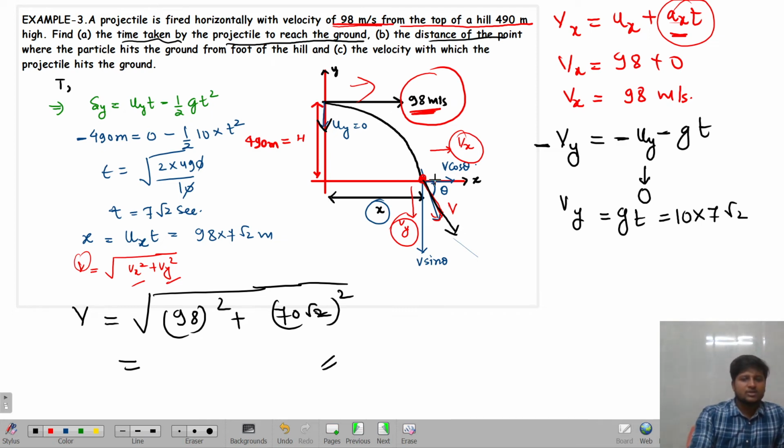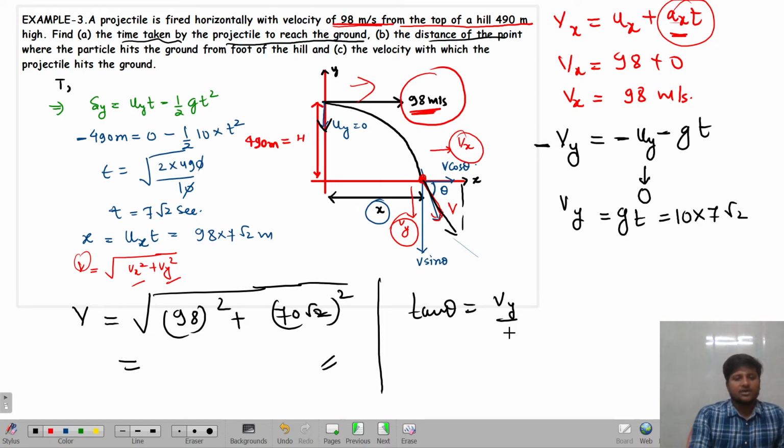The question is how much angle it is making with the horizontal when the particle is hitting the ground. You can calculate simply. Now apply the tan theta formula. Tan theta I can write as Vy divided by Vx. Now Vy you are aware, 70 root 2 divided by 98, and that is equal to tan theta.